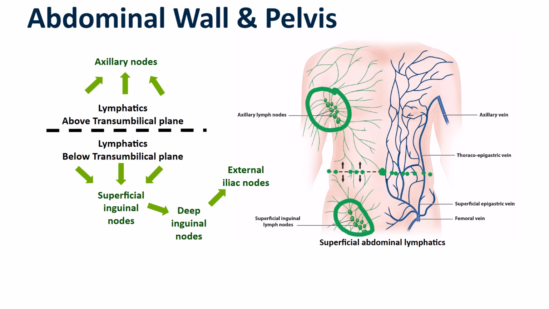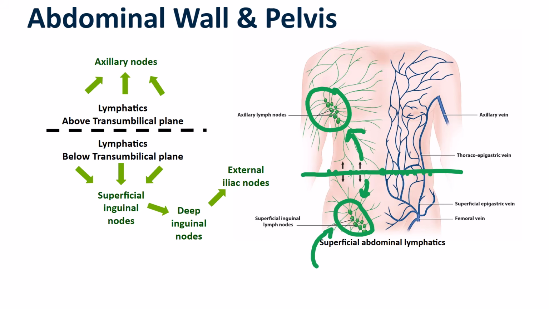All of the wall above the transumbilical plane is going to filter up to the axillary nodes. All of the wall below the transumbilical plane and from the superficial lower limb is going to filter up to the superficial inguinal nodes. So it's one way or the other, and it's all defined by that transumbilical plane, above to the axillary, below to the superficial inguinal.